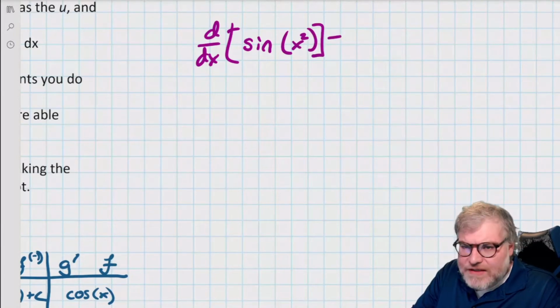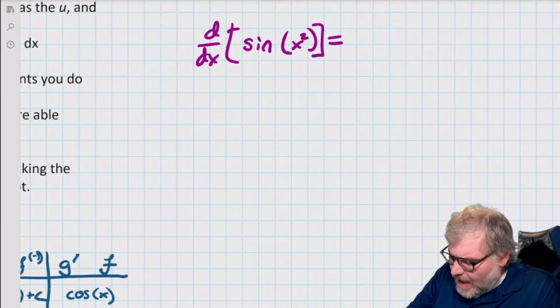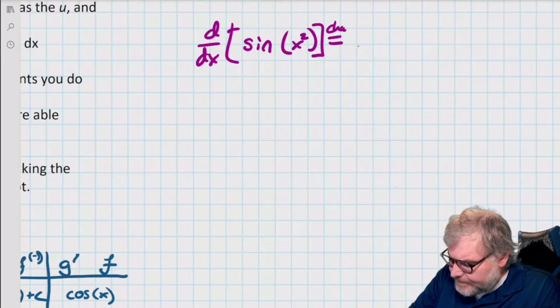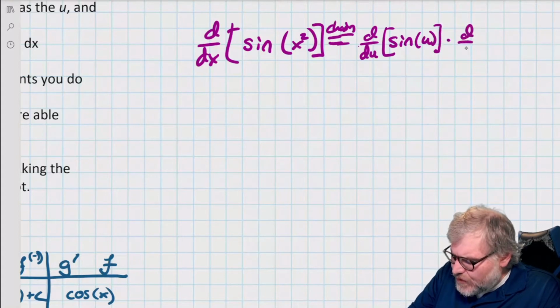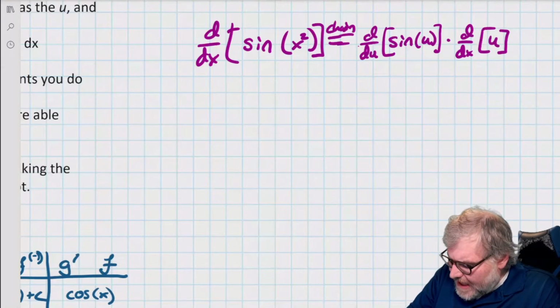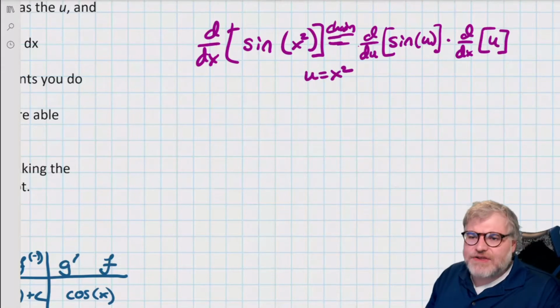when I took this derivative, I had the derivative of the outside, so I had a chain. I took the derivative with respect to u of the outside, times the derivative with respect to x of u. And u in this case equaled x squared.